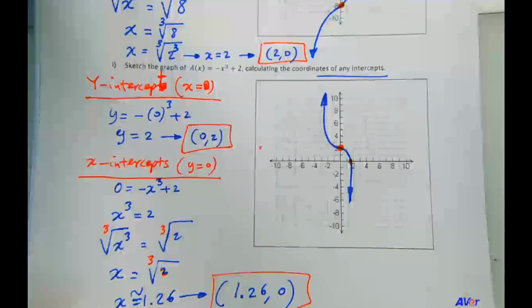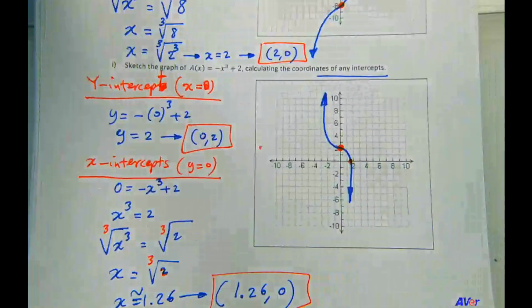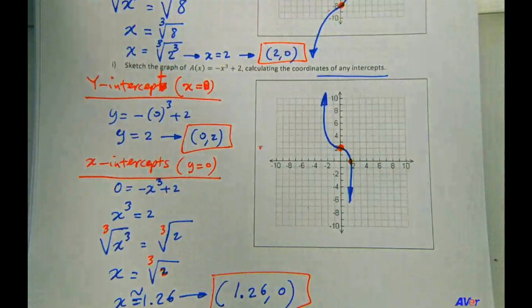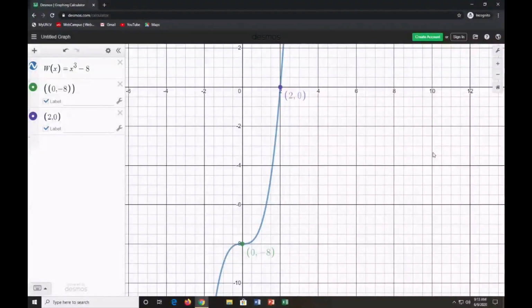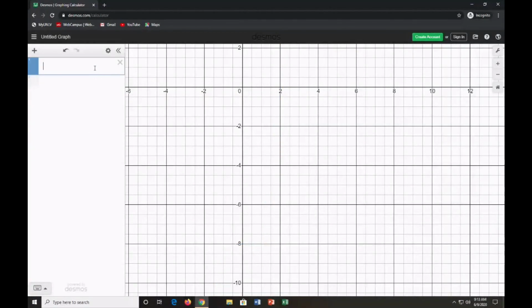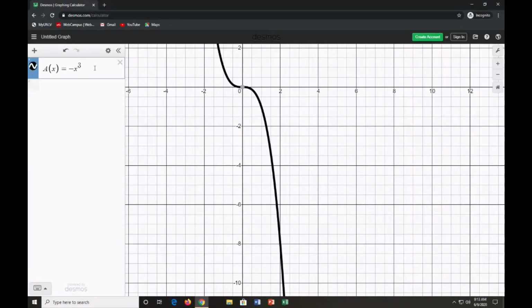Like that. Okay. So let's go to the computer for a better, more accurate picture. So we have a of x equaling minus x cubed plus 2.